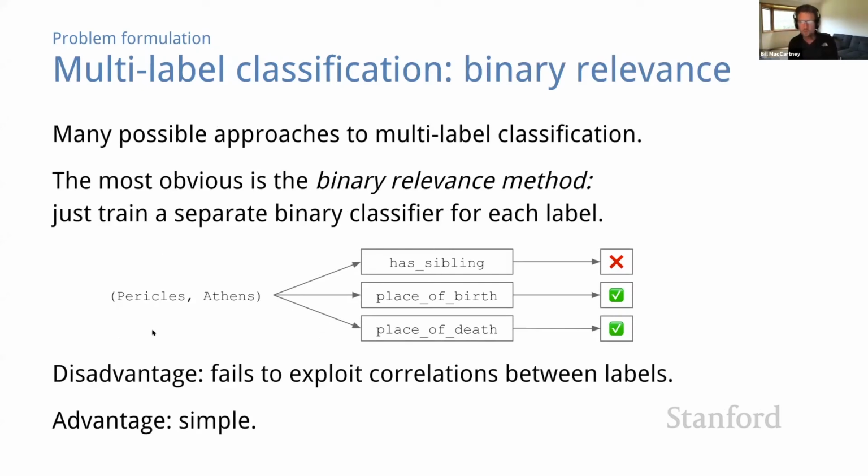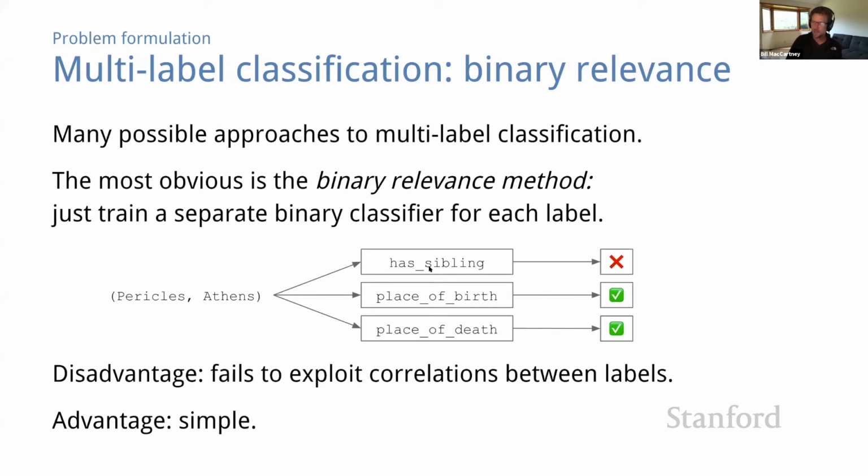There are a number of ways to approach multi-label classification, but the most obvious is the binary relevance method, which just factors multi-label classification over n labels into n independent binary classification problems, one for each label. So if you have a pair like Pericles and Athens, you want to be able to predict any combination of these labels.